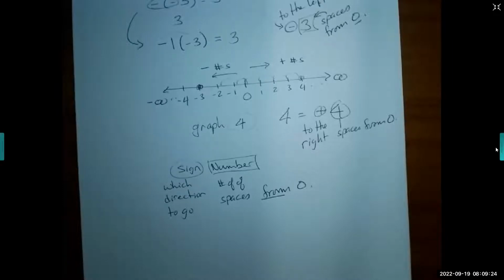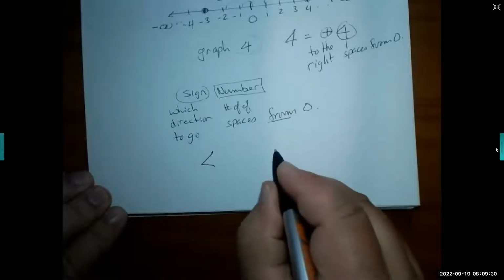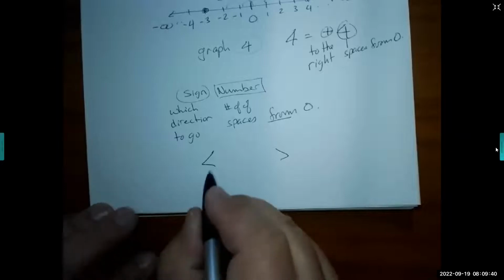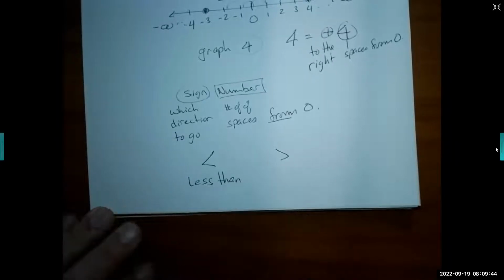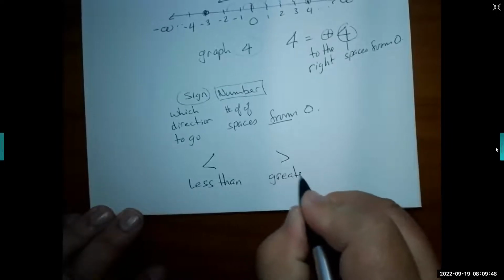If it gets higher, if it gets bigger, it goes to the right, it gets smaller to the left, which is where we get these symbols from. What are these called? Yes. This one is called less than. This one is called greater than.